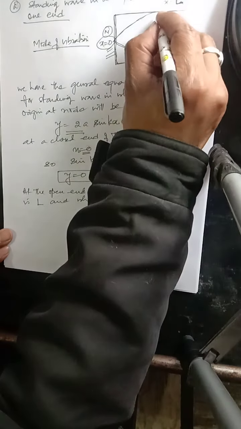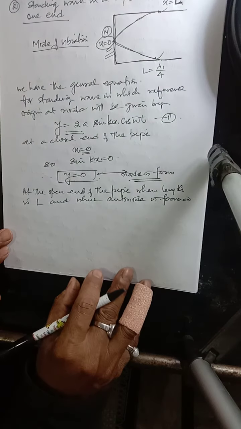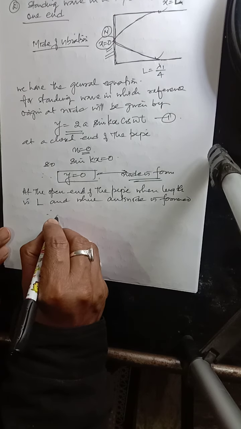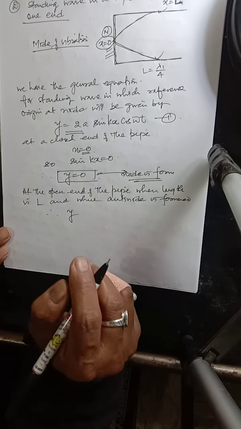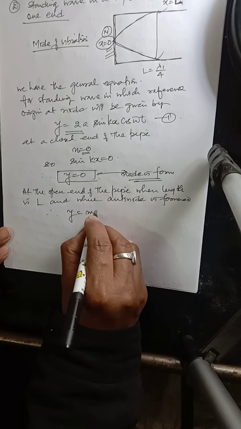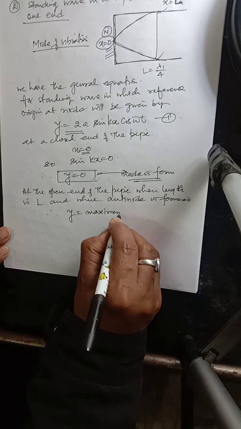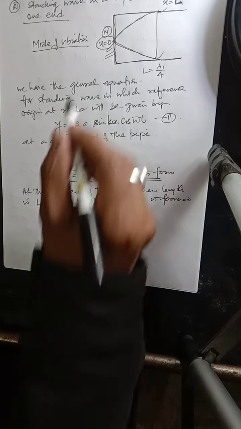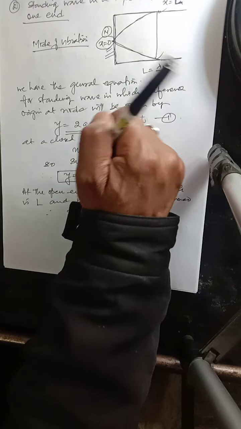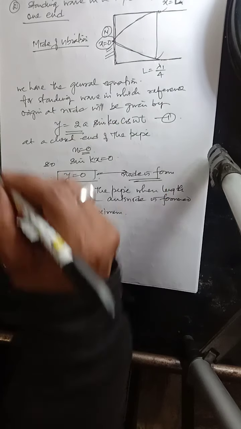This is the antinode. So here the displacement is maximum. Here it is zero, here it is the maximum.